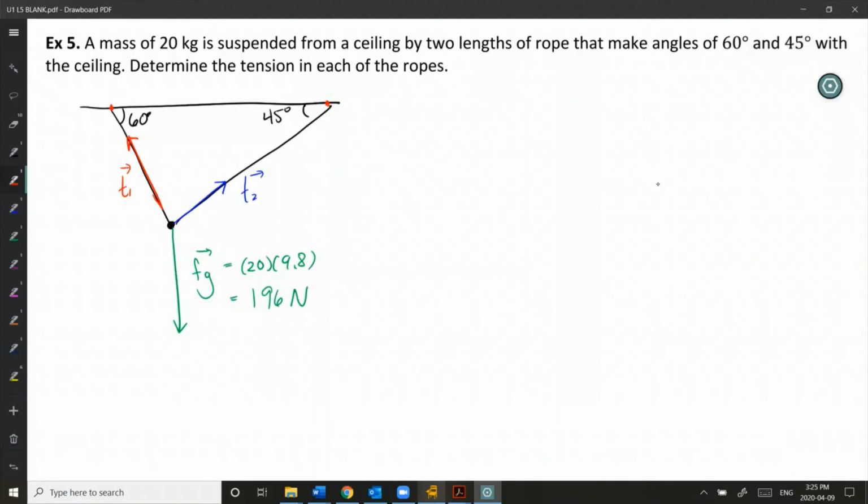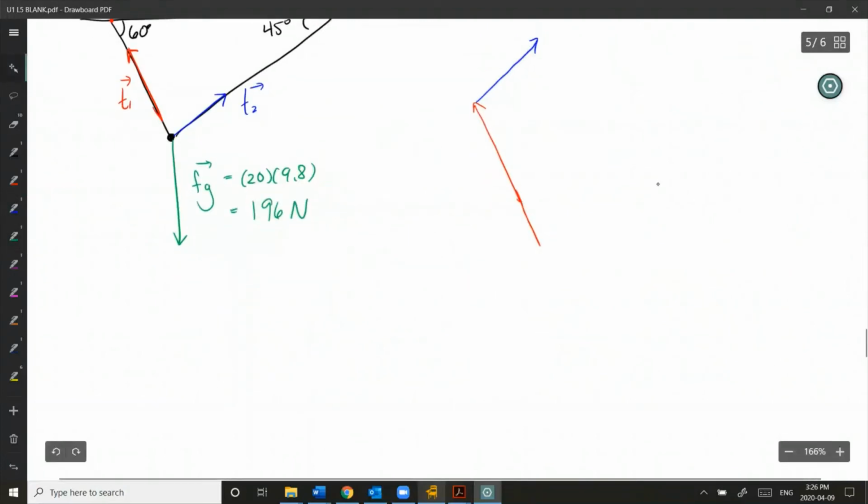Okay, so let's put these together here. I've got a first tension right here. Maybe I'll blow this up a little bit. And that tension is going to be larger than this other tension here. And I have a force of gravity, which is going to act on this.